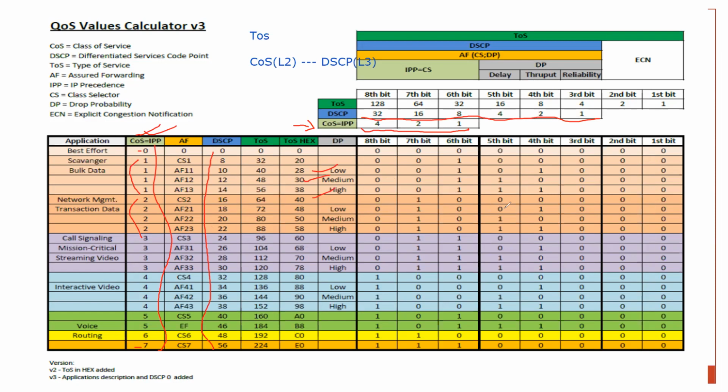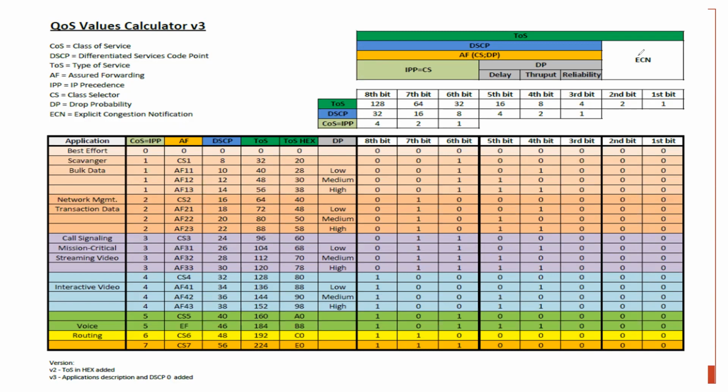This is something you need to understand. If you understand this marking, it becomes easy. And this chart is a very, very important cheat sheet, a summary type of chart related to QoS.